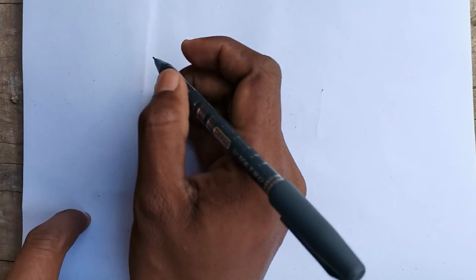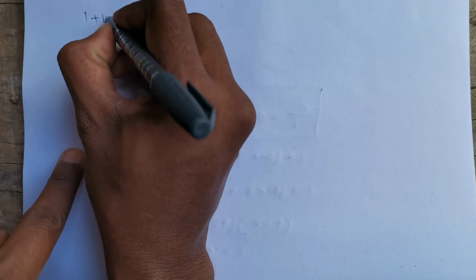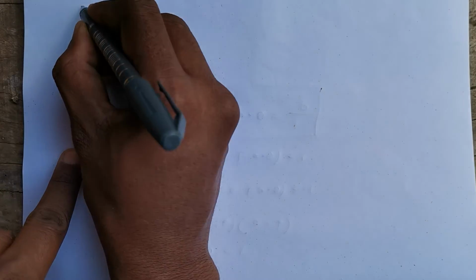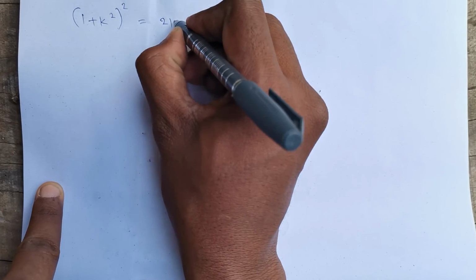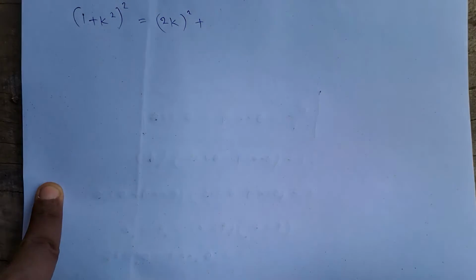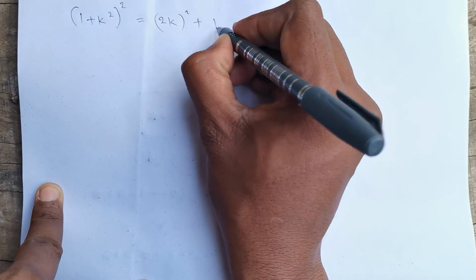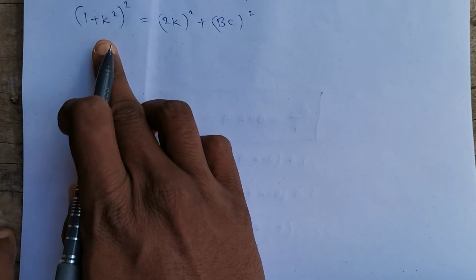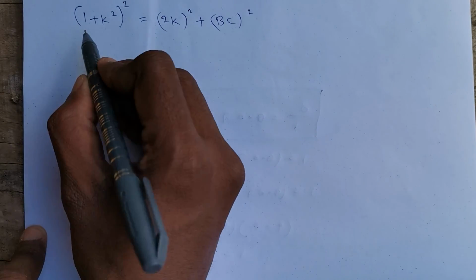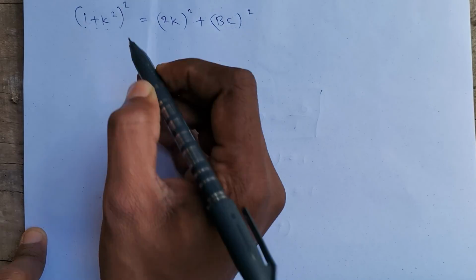Here we have hypotenuse 1 plus k square. Hypotenuse square equals first side square, that is 2k whole square, plus second side square. Second side we don't know, so BC square. Now here if we expand 1 plus k square whole square, it is in the form of a plus b whole square.